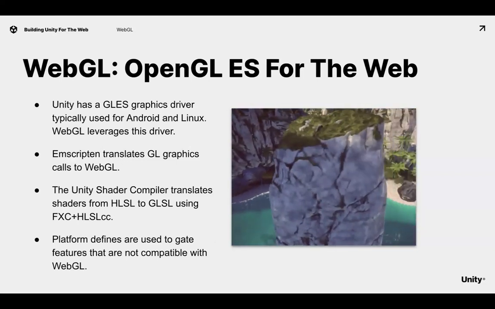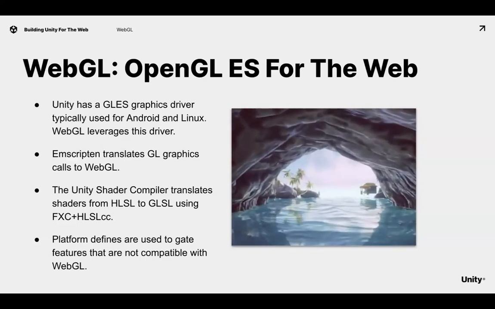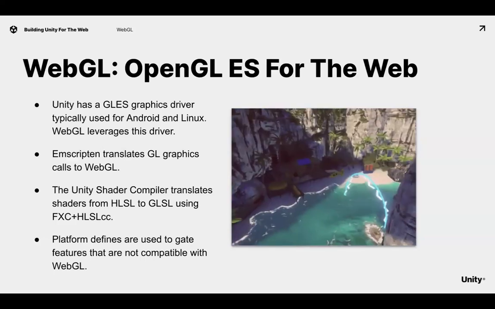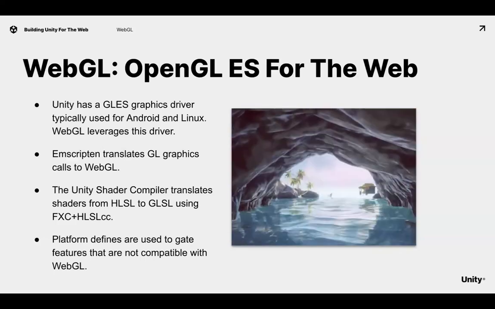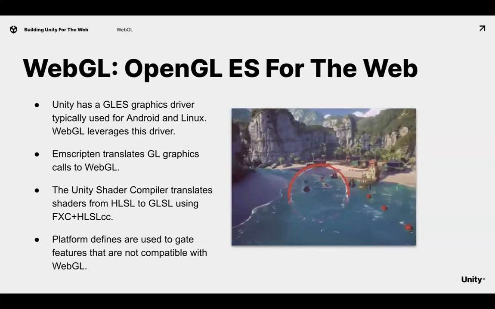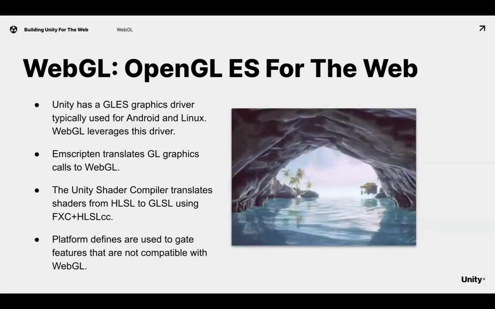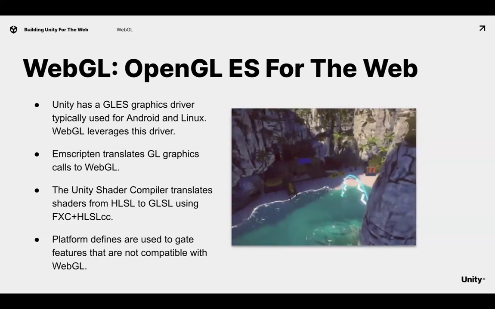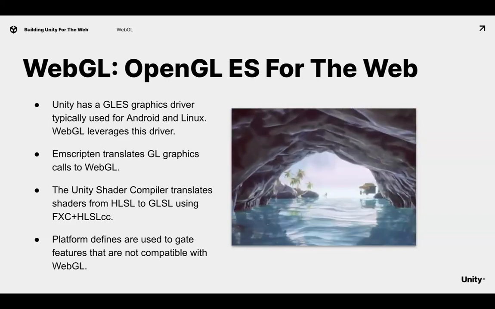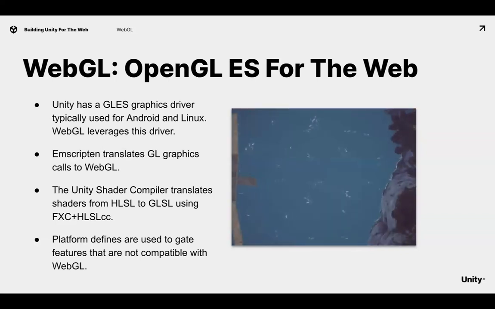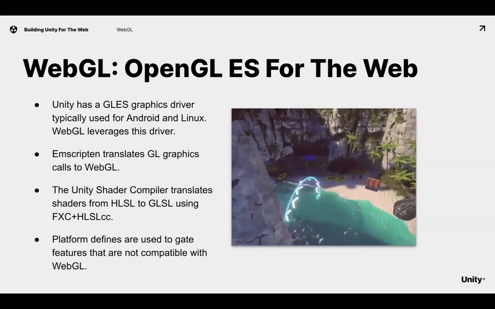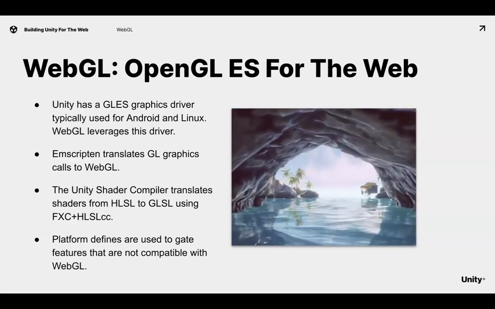So we have a shader compiler that does that. For GLSL, we use FXC HLSLcc, which takes the DirectX bytecode out of FXC and translates that into GLSL. And then we do some massaging of the GLSL after the fact and make it all work.